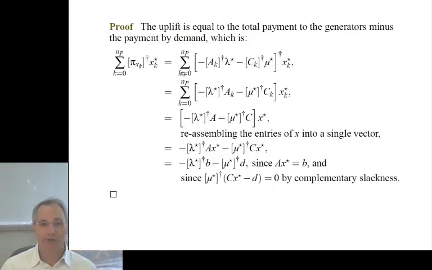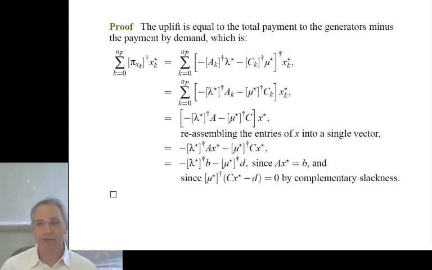If I now explicitly make my summation by summing up the rows of AK, sorry, I can take the transpose, which gives me minus lambda transpose AK minus mu transpose CK, and now explicitly summing up these terms by summing up the corresponding AK times XK terms and CK times XK terms, I get minus lambda transpose A times X star minus mu transpose C times X star.